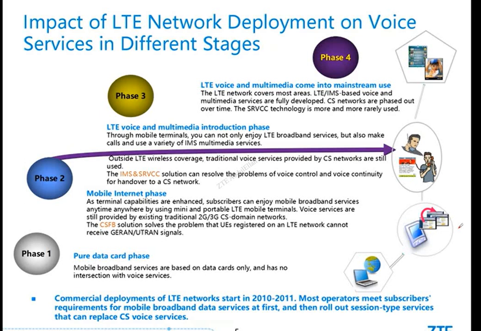Actually, now in China, most areas are already supported by VoLTE, just like phase 4. Okay, and for this topic, we just talk about phase 2. Phase 2 means 4G network cannot provide voice. So if the UE wants to set up a call, they need to fall back to the 2G and 3G network.